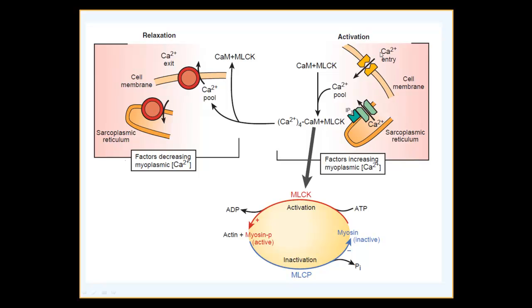If calcium would enter, and we will talk how calcium does enter, it will bind to a protein called calmodulin, and the calmodulin has an enzymatic activity, and when the calmodulin gets its 4 calcium ions, it will change shape, and therefore it becomes active, and that will phosphorylate another protein called myosin light chain kinase, and that light chain kinase will phosphorylate indeed the light chain proteins, and therefore they are activated.